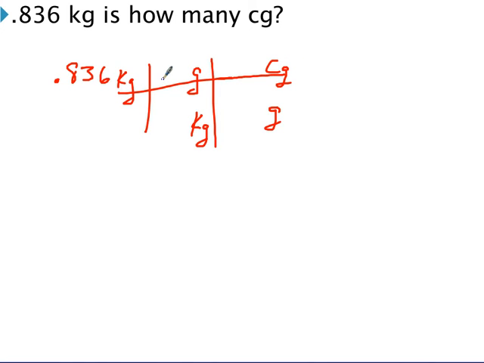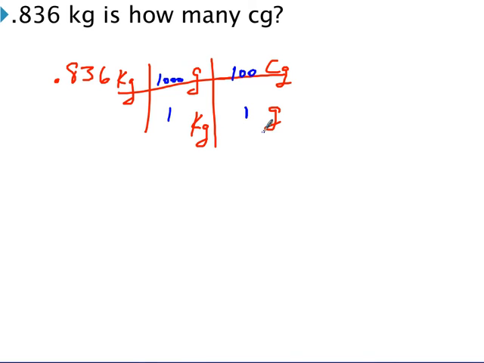So for every 1 kilogram, I have 1,000 grams, right? Kilograms are huge. And then for every 1 gram, I have 100 centigrams. Centi means hundredth.